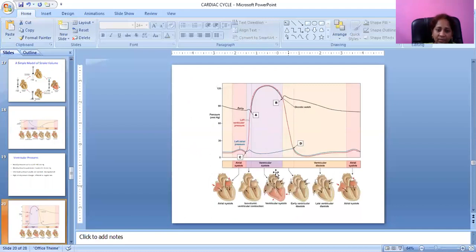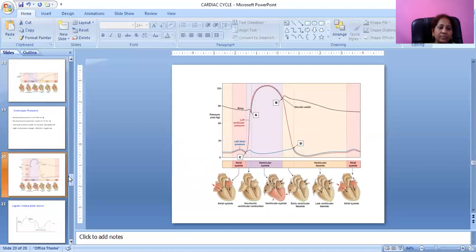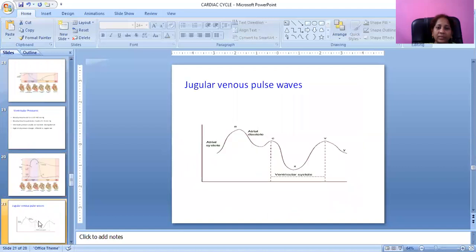Again, in this also, we can see the same in a graphic manner. We can see atrial systole, ventricular systole, ventricular diastole, atrial systole. Jugular venous pulse waves, atrial systole, atrial diastole, ventricular systole.